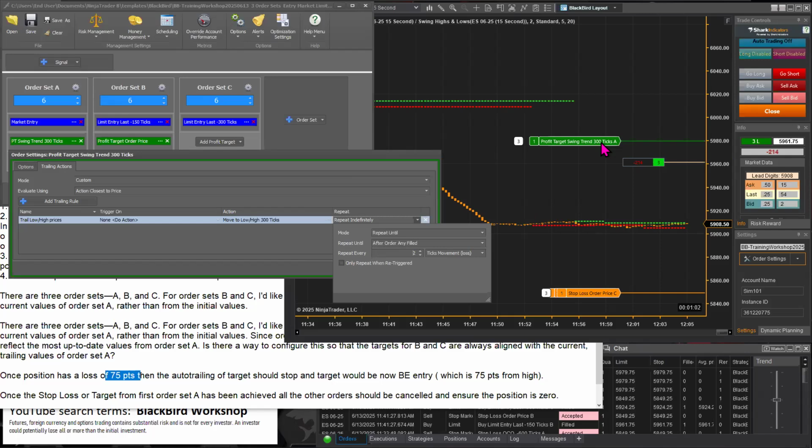stop loss trailing. All right, it will stop our profit target trailing from just before hitting the entry price for A. You know, so this actually is not the break even; it's the entry price for A. So 2 ticks, maybe 3 ticks there.